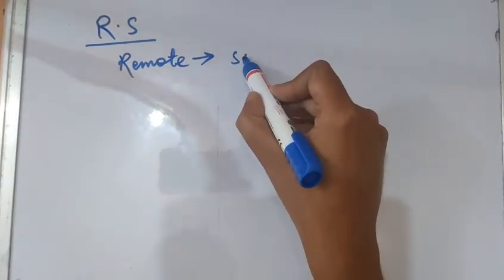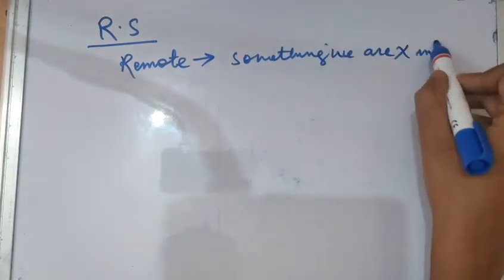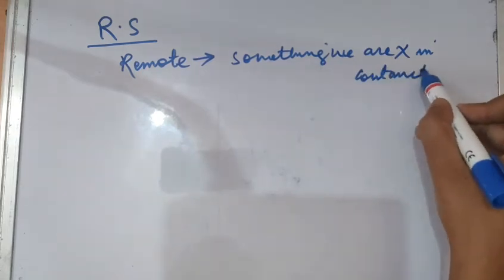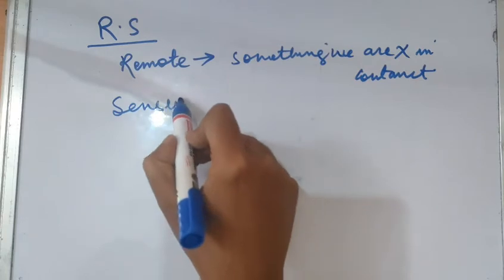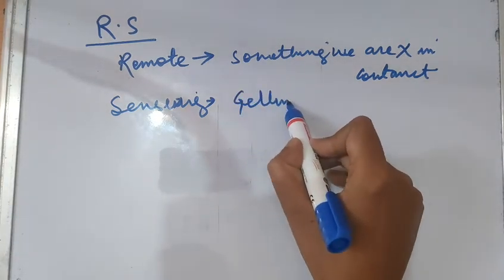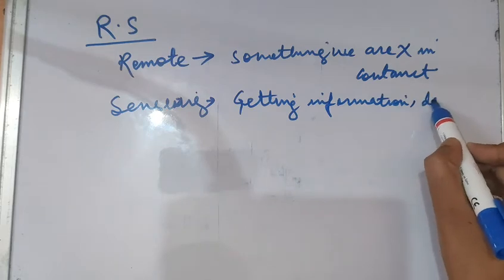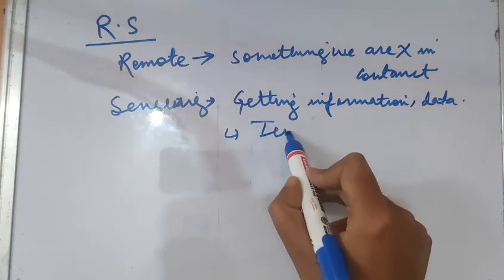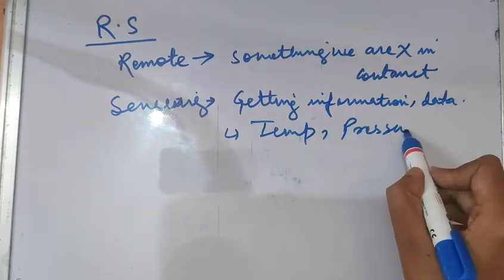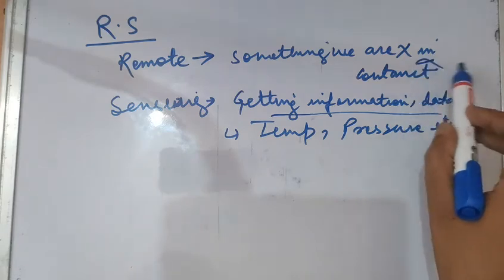And sensing, which means getting information and data, like temperature, pressure, etc. So in remote sensing, we are getting the data from an object, from a place, without being in contact.